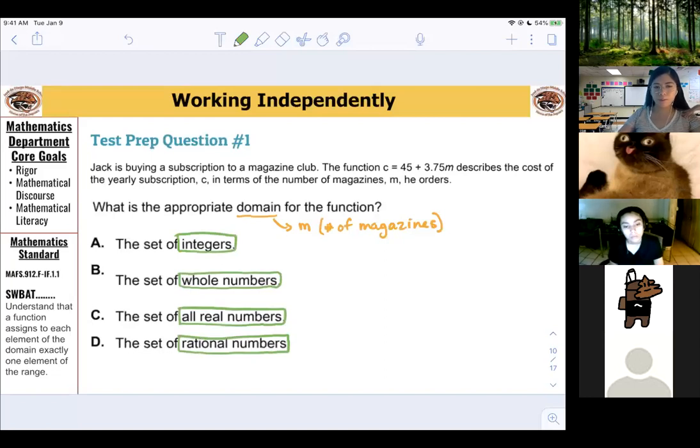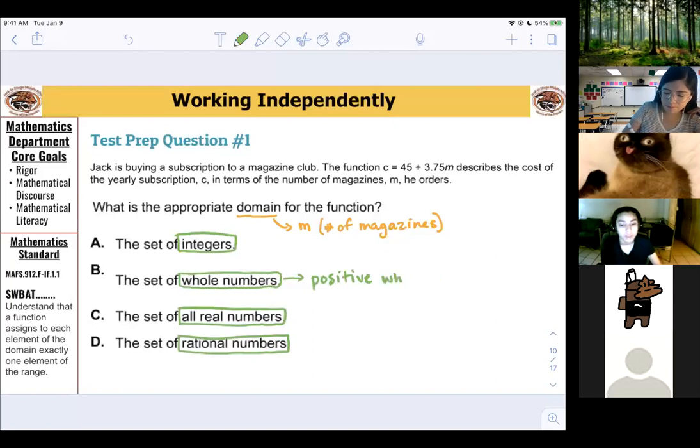So we know what whole numbers mean, right? Whole numbers are whole numbers. So 1, 2, 3, 4, 5. But the most important thing about whole numbers is that they are only positive. So when you see the word whole number, those are positive whole numbers.